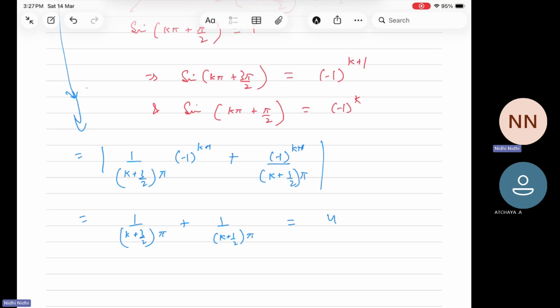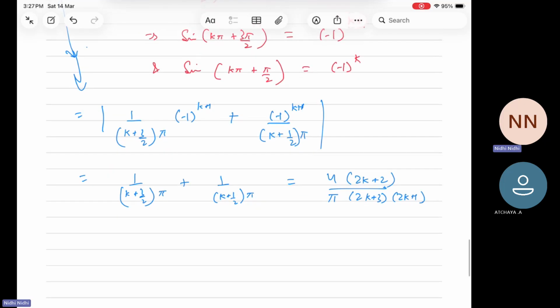4 times 2k plus 2 upon pi, or this is just taking LCM and simplifying everything. So this will be 2k plus 1. Now I say this is greater than 4 by pi 2k plus 3.